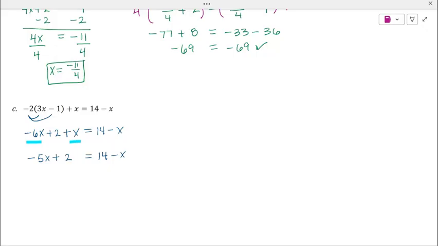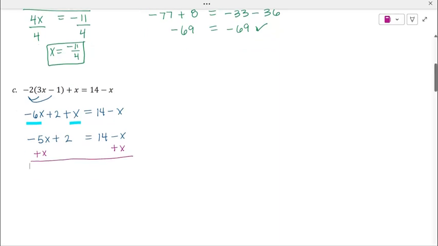All right, now we're ready to combine like terms onto each side. So let's add x to both sides to move this over to the right. It doesn't matter which side you move the variable to. It's okay if it's on the right-hand side. Negative 4x plus 2 equals 14.